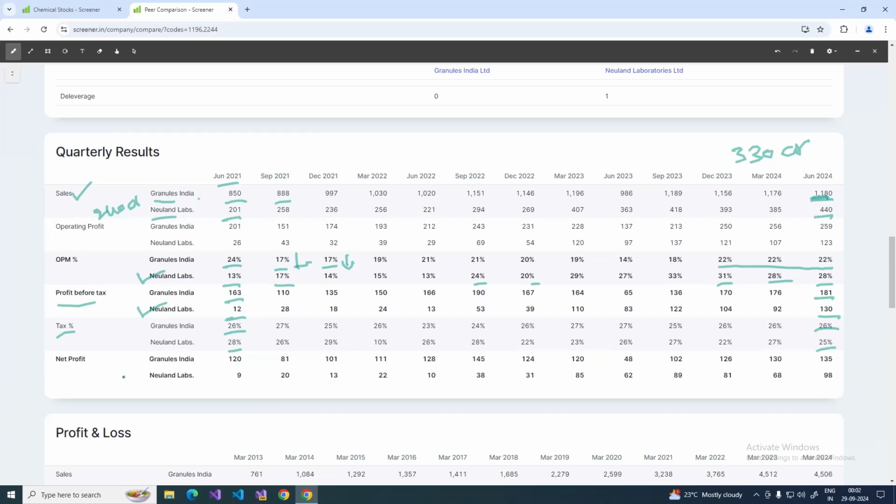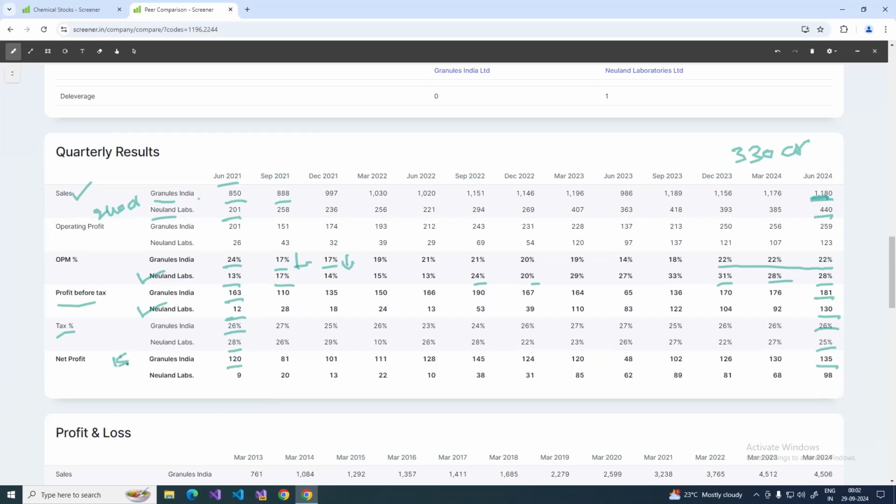Next one is net profit. Granules India net profit in June 2021 is 120 crores, currently 135 crores. So from June 2021 to June 2024 it increased from 120 crores to 135 crores. That means only a 15 crores increase.